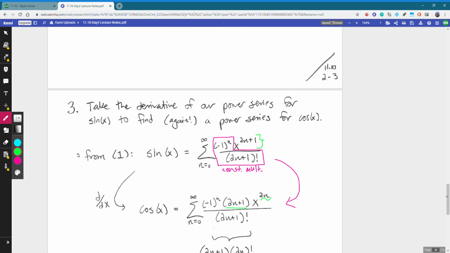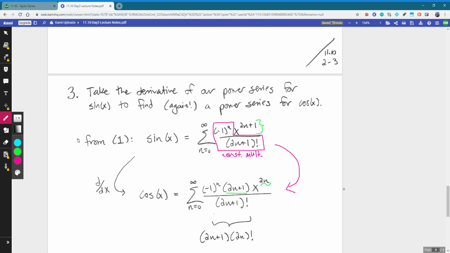We can make use of how factorials are built and pull off that first top factor, and what's left is that factorial, 2n factorial.